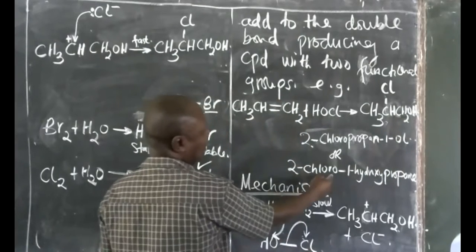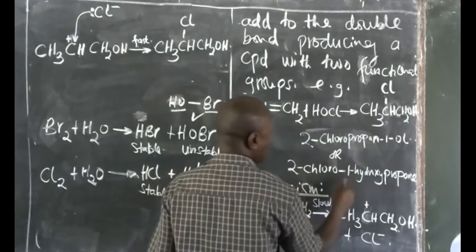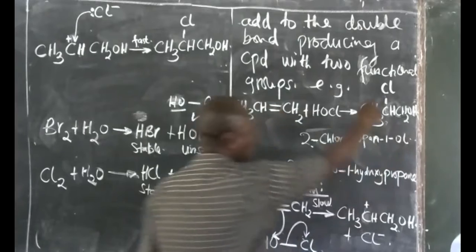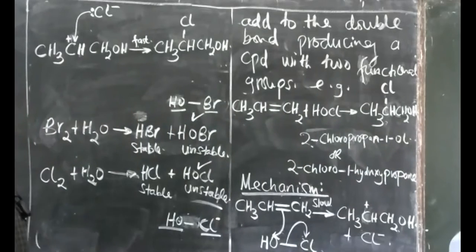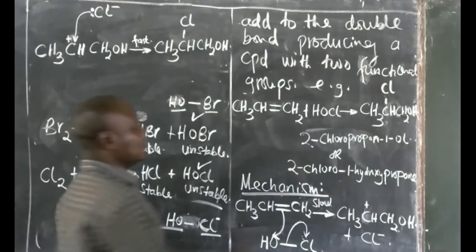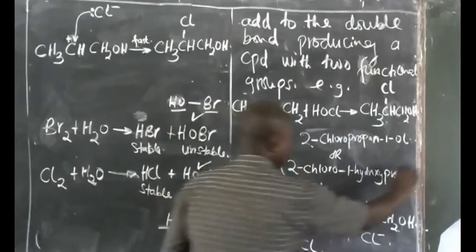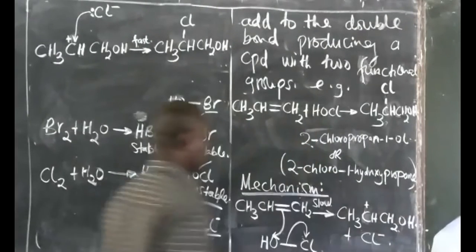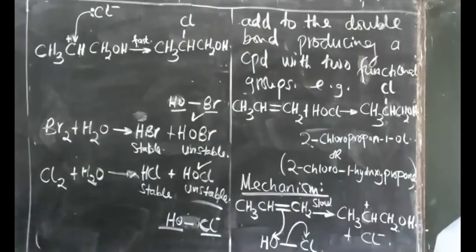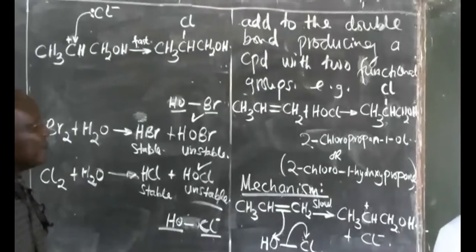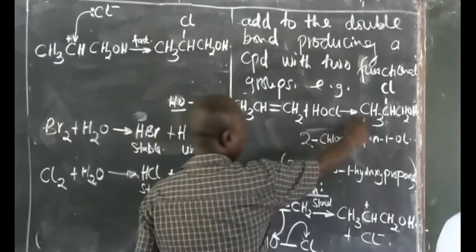Or we can say 2-chloro-1-hydroxypropane because it's now saturated. So either way, all of them are proper names. And then we say that now the mechanism, which leads us to formation of this one here.